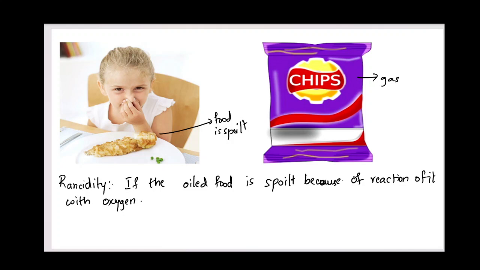Now what is rancidity? If the oiled food or the baked food is spoiled because of the reaction with oxygen, then it is called as a rancidity. Now how to prevent the rancidity? Prevention of rancidity.